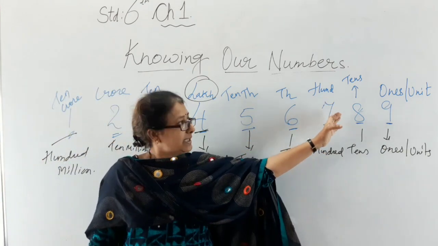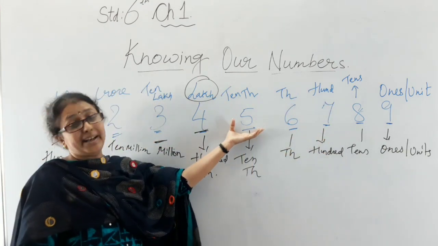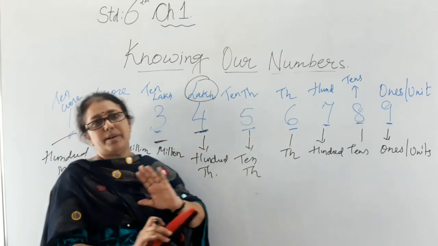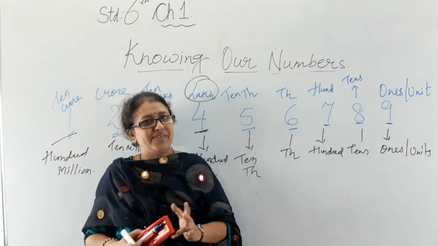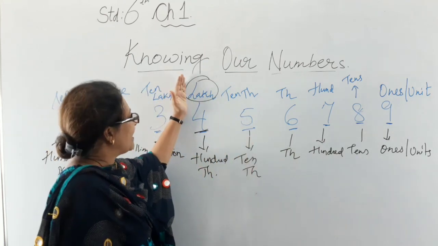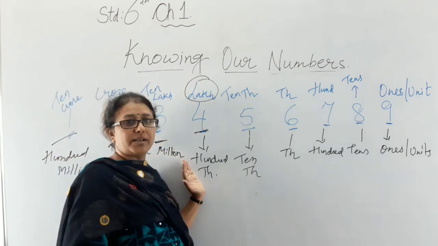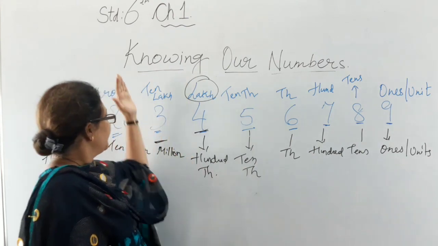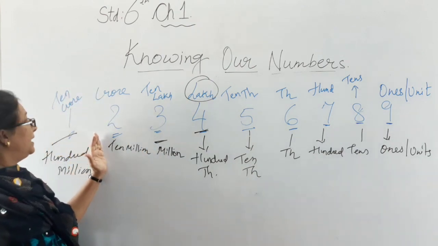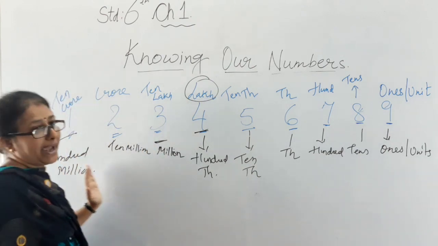In the Indian system and international system, till 10,000 everything will remain the same. The place values both remain the same. But when we come to lakh, the lakh is replaced by 100,000 in the international system. 10 lakh is replaced by million, crore is replaced by 10 million and 10 crore is replaced by 100 million.